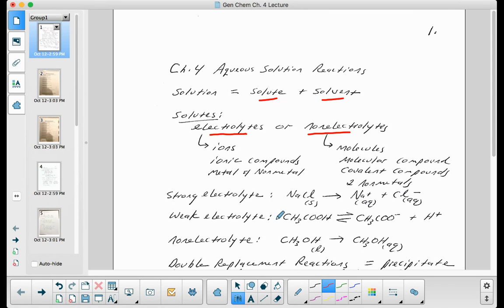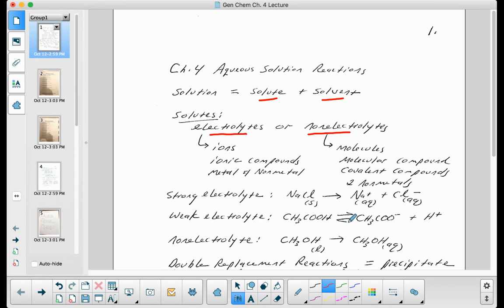And then a weak electrolyte is something like a weak acid, such as acetic acid. Acetic acid breaks up, but not 100%. So it ionizes only partially. So when we have our solution of a weak acid such as this, our solution contains hydrogen ions, acetate ions, and some amount of the molecular form of the weak acid.